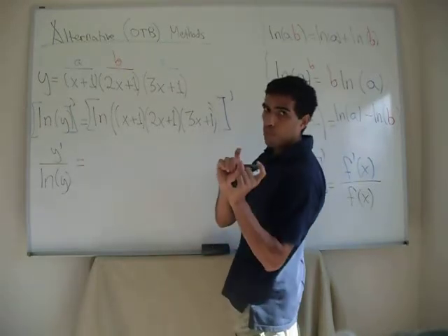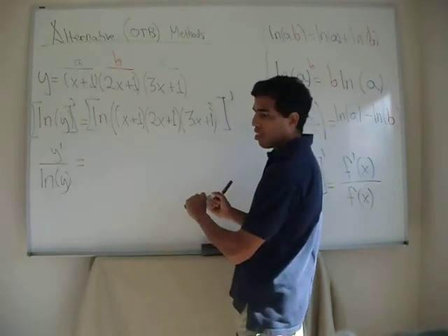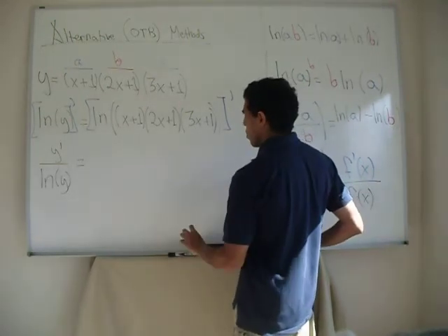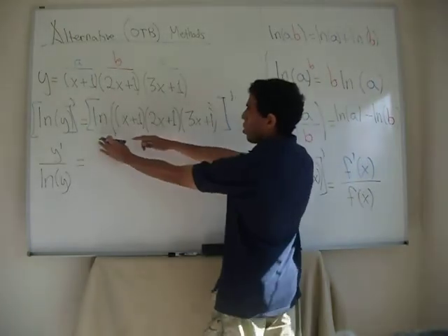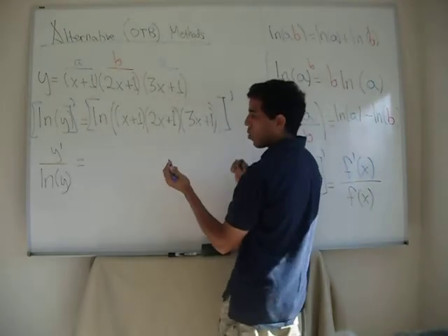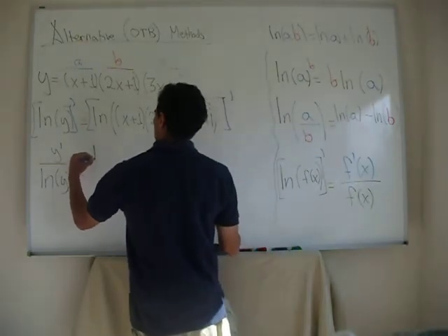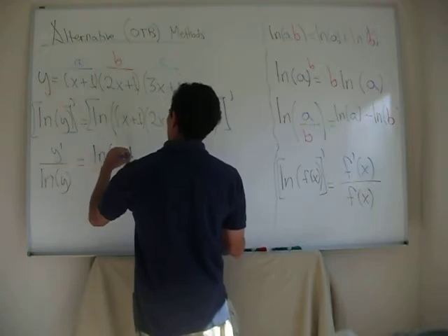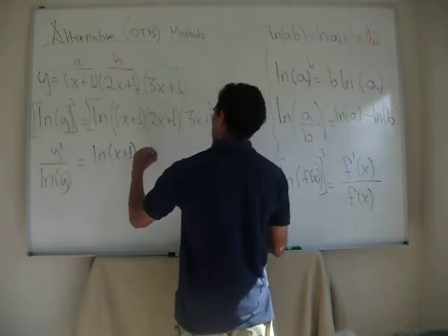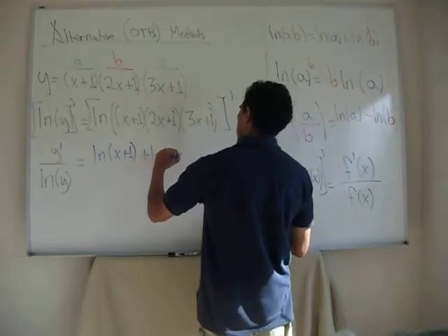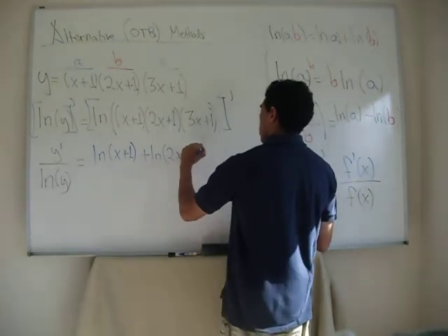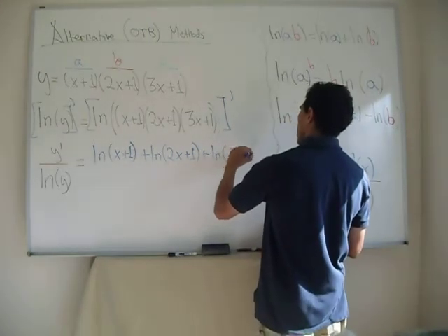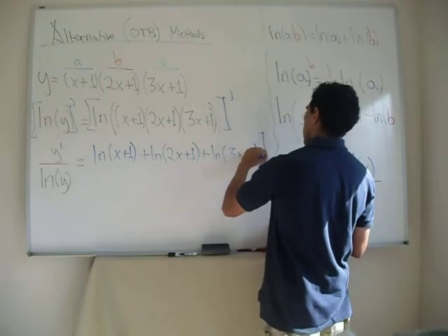On the right side, what am I going to have? Well, I'm going to do a preview, and then you will see what is going to happen. Let's do the preview in blue. The derivative of all this is equal to the derivative of this, plus natural logarithm of 2x plus 1, plus natural logarithm of 3x plus 1, prime.